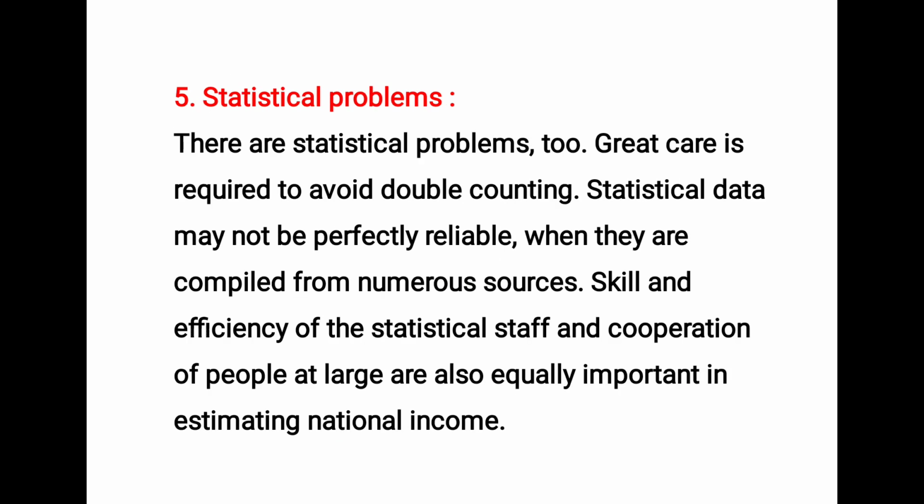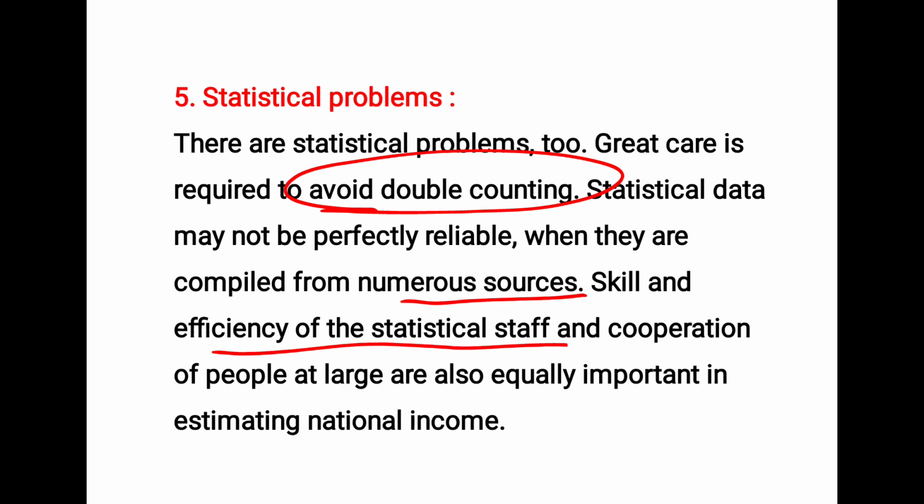Now, statistical problems. There are statistical problems too. That is, great care is required to avoid double counting. Double counting means a product is computed twice into the national income. Statistical data may also not be perfectly reliable when compiled from numerous sources.